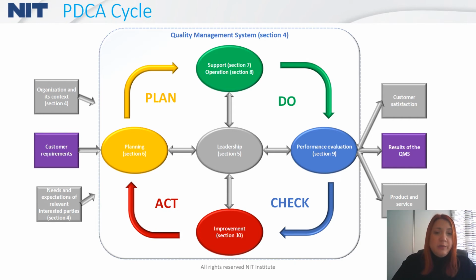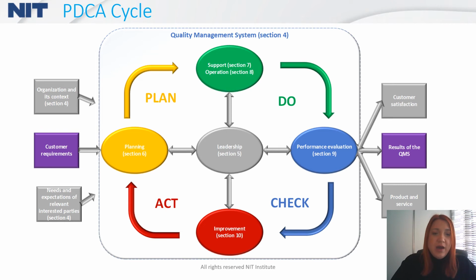You can see in the picture that in the heart of the PDCA is leadership, and this is part of section 5 of the quality management system. Then as the input, you have the organization and its context. Of course, there are the customer requirements. And of course, after having such inputs, you need to plan something. You need to plan some growth.